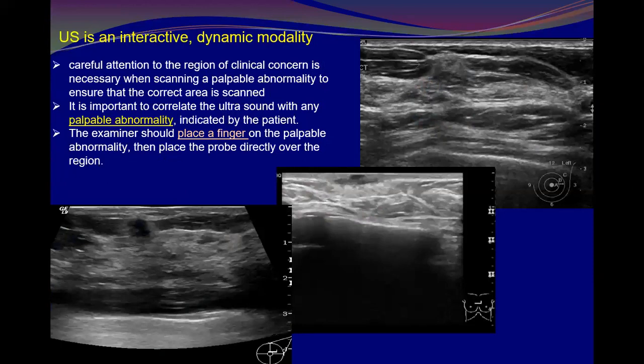Ultrasound is an interactive, dynamic modality. These are my cases. This is a palpable abnormality. While asking the patient to put her finger there, you might see something, not always representing a mass.